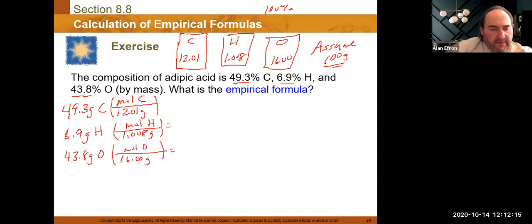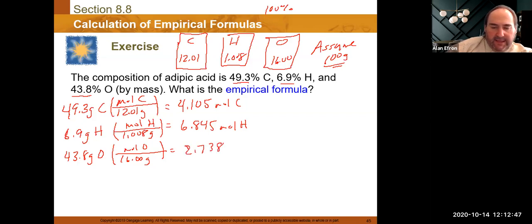If we do all that, we end up with 49.3 divided by 12.01, which gives us about 4.105 moles of carbon, 6.845 moles of hydrogen, and 2.738 moles of oxygen.